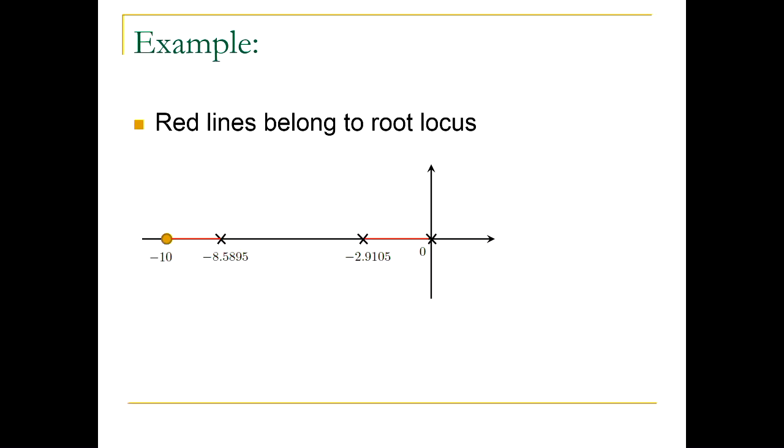Well, the contribution from this pole will be pi, because when I connect it to this point, I have pi. And the contribution of all of the others is 0. So for any point on this part of the real line, my phase condition holds. So this part of the real line does satisfy the phase condition. All of the points on this part of the real line. Are there any questions? Am I going fast?